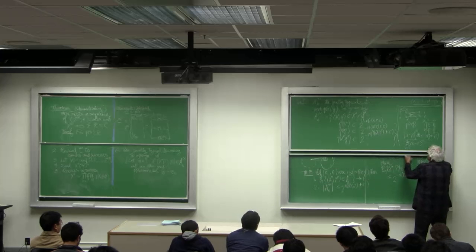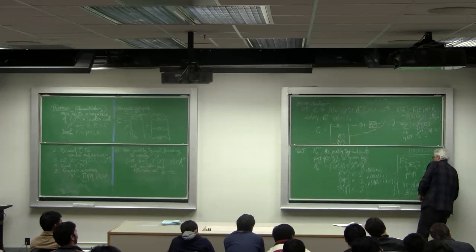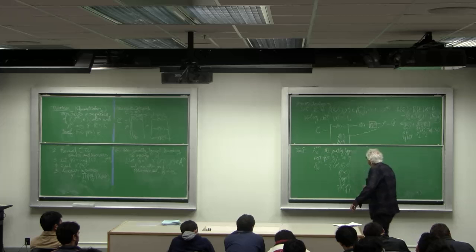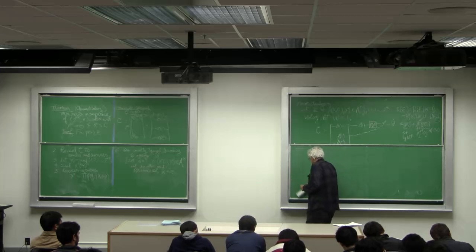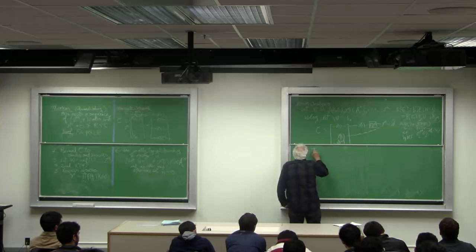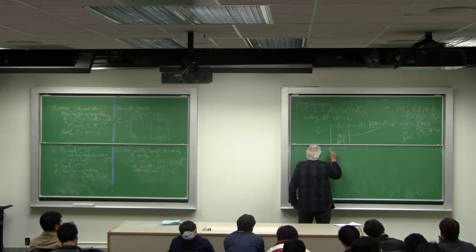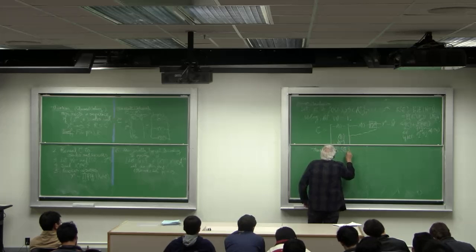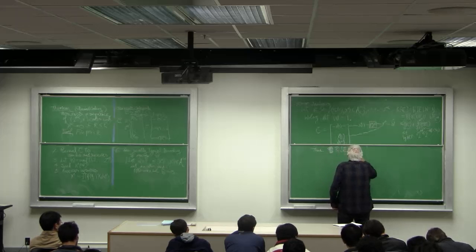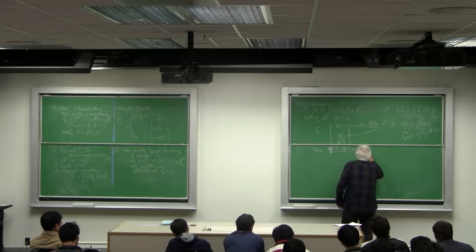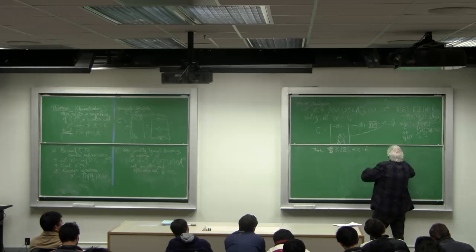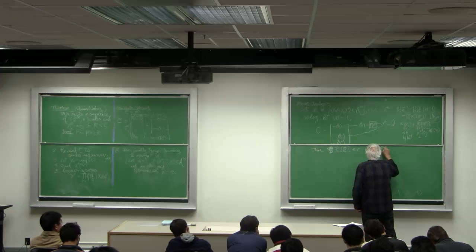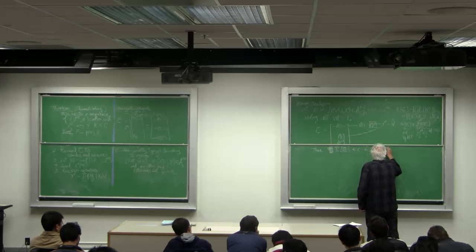So we got thus Pe, probability of error, is less than epsilon plus 2 to the n(R minus I minus 3 epsilon).